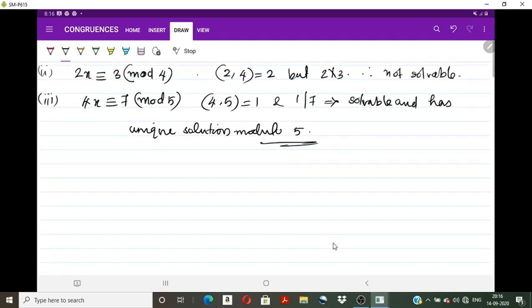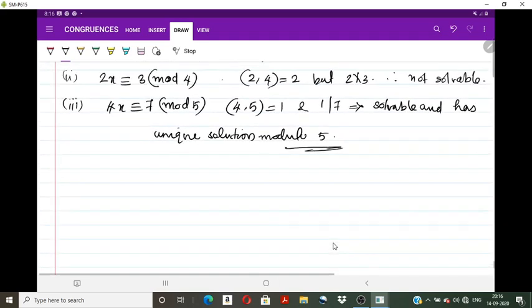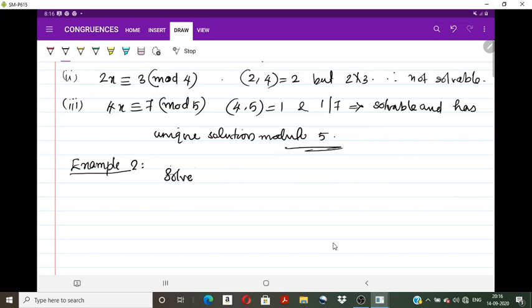Now we move to the next example. Solve the linear congruence 12x congruent to 48 modulo 18. First of all, we have to check whether this is solvable or not.